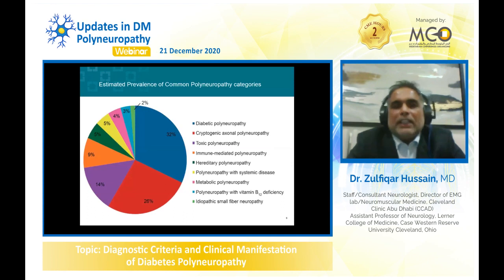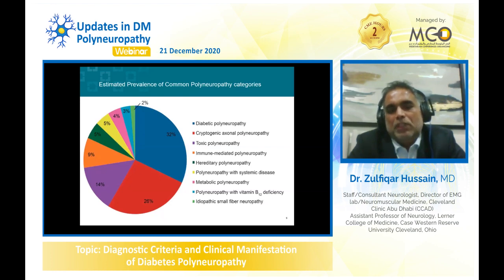So the total estimated prevalence of common polyneuropathies, which I put in this diagram, shows that diabetic polyneuropathy is the biggest, at about 32%, followed by idiopathic or cryptogenic axonal polyneuropathy that I mentioned earlier.